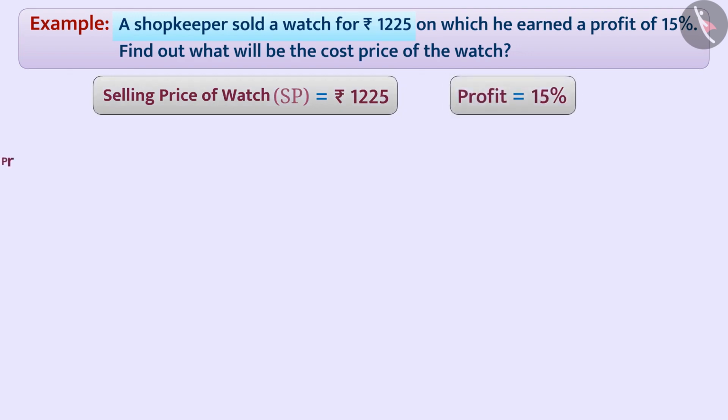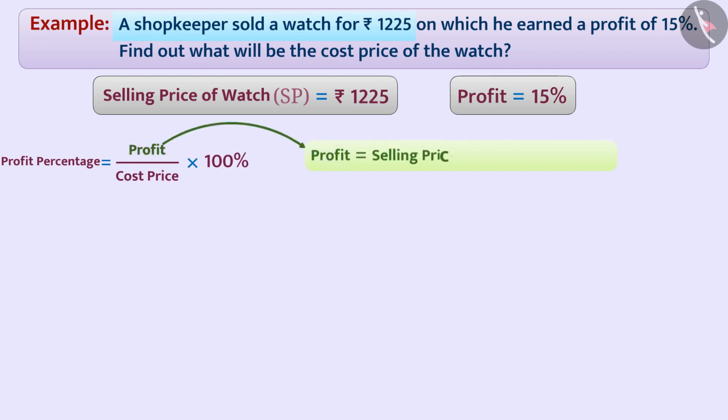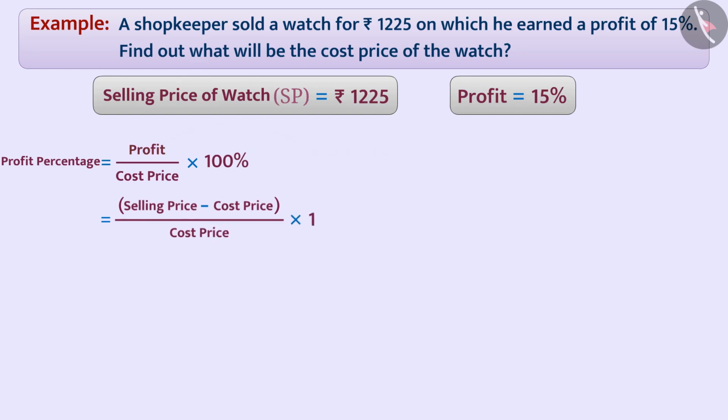We know that profit percentage is equal to profit divided by cost price multiplied by 100%, and profit is equal to selling price SP minus cost price CP. Therefore, we can say that profit percentage is equal to selling price minus cost price divided by cost price multiplied by 100%, which is equal to selling price divided by cost price minus 1 multiplied by 100%.